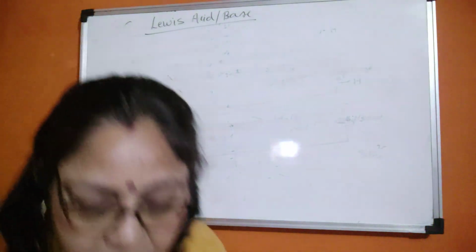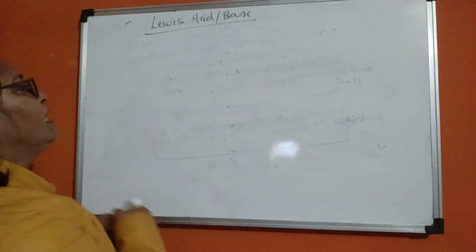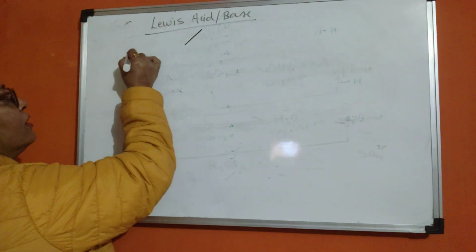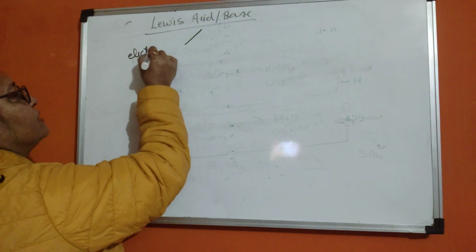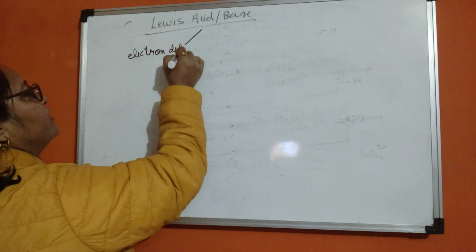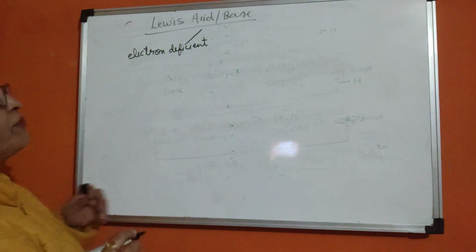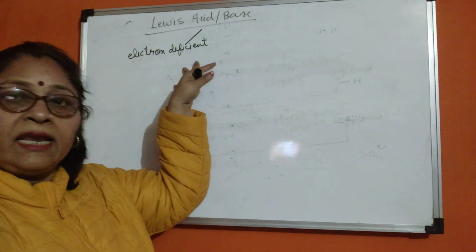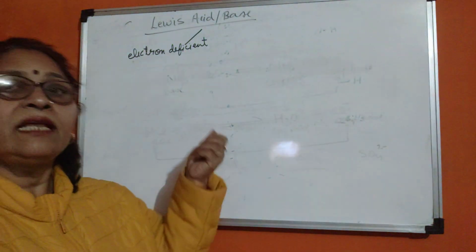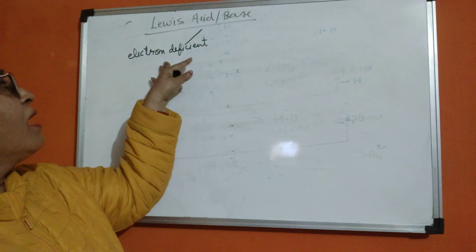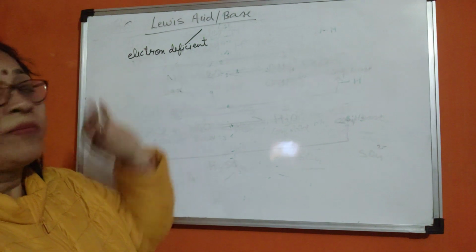So always remember that the species which is electron deficient, the species where lack of electrons takes place, which easily accepts one electron pair from another species, these are called Lewis acids, right?